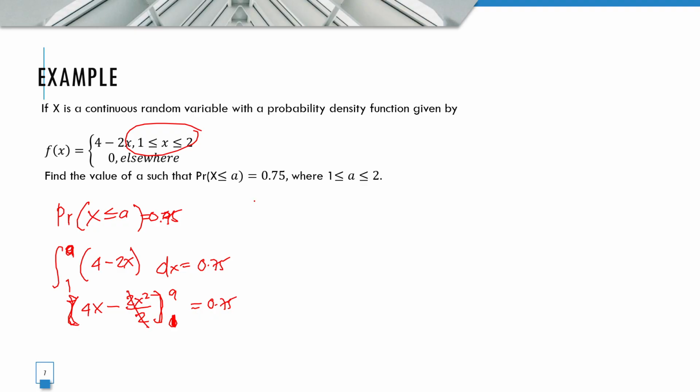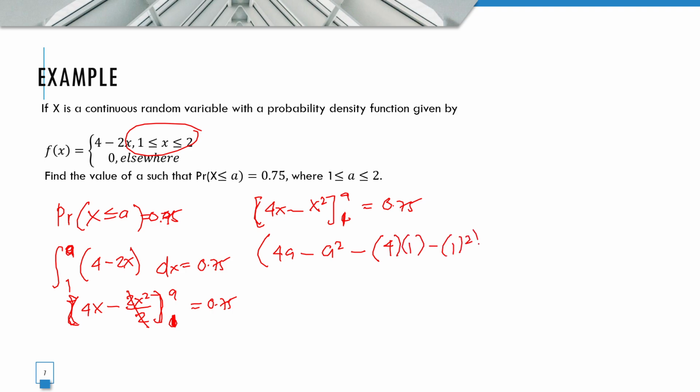So cancel. This will become 4x minus x squared, from 1 to a, is equal to 0.75. Substitute the value for a here. So 4a minus a squared, then minus 4 times 1 minus 1 squared, is equal to 0.75.